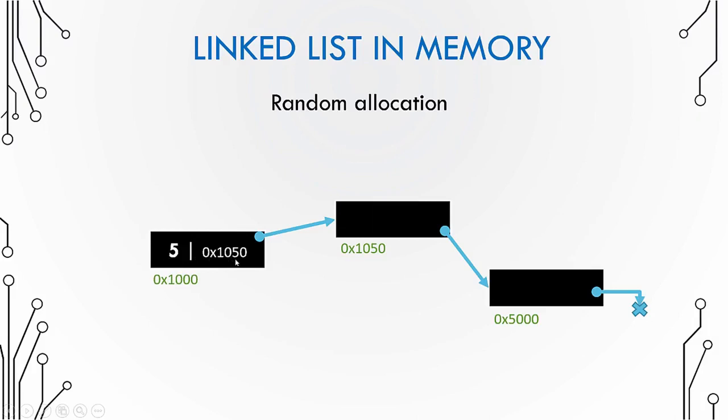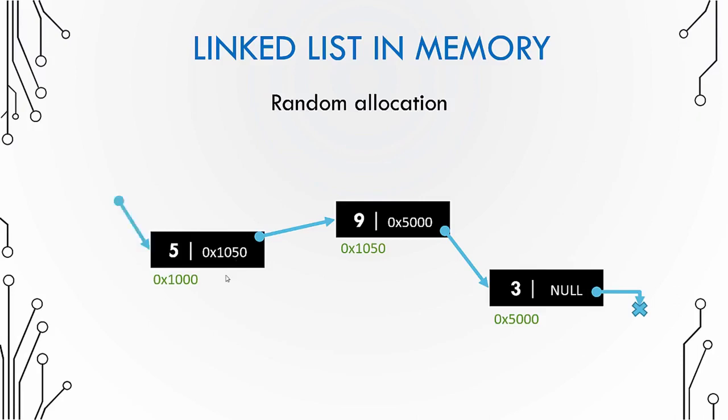The same is the case with the second node, where the data part contains 9 and the address part or the link part contains the address of the next node. And the last node stores the number 3, and since this is the last node, it wouldn't point to any other node. That is why it points to null.